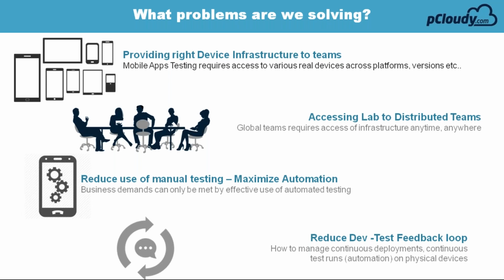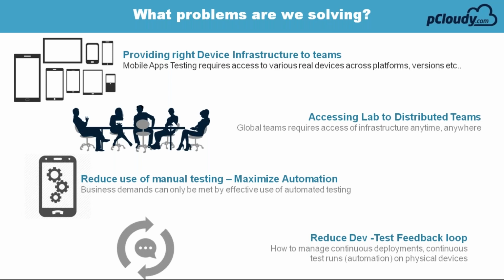If you have redundant devices, the expense is too high. If you don't, a defect found by team one may not be reproduced by team two, because they don't have the same device on which the defect was found. So pCloudy gives your distributed teams access by remotely connecting to the cloud and accessing the devices.